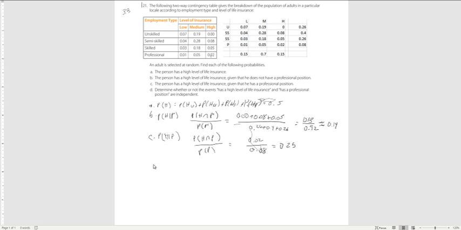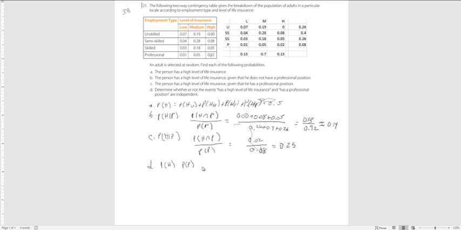0.25. Great. D. In D, determine whether or not the event of having a high level of life insurance and the event of having a professional position are independent. There are a couple of ways to figure this one out.